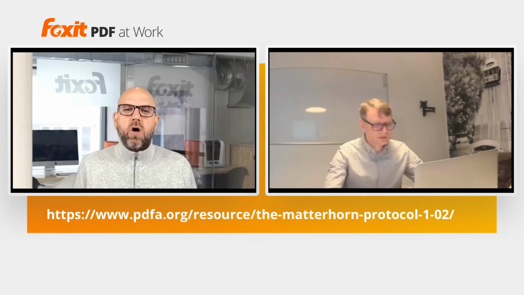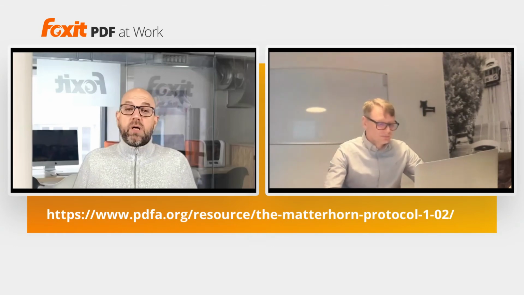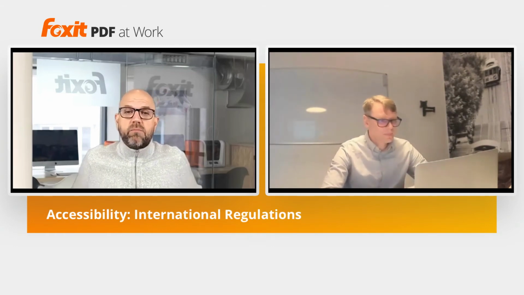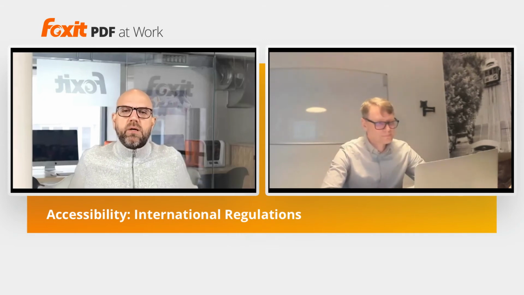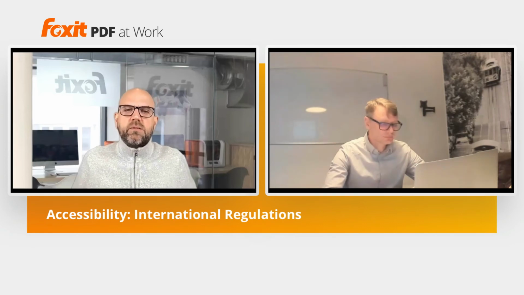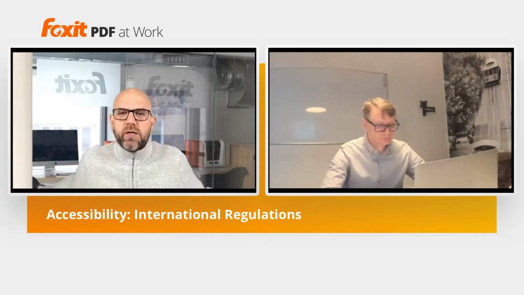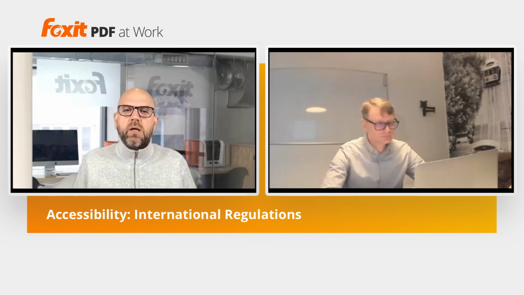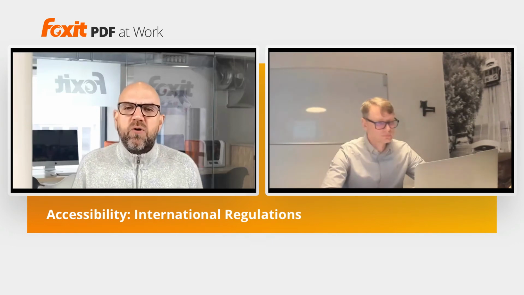It's just the law. In the European Union, it is the law, and most people don't even know that it is. If you publish documents on the internet, they have to be accessible. For instance, a bank or something like that, you got to do it, right? And in the US, same thing. And therefore, more and more organizations concern themselves with accessibility, and no wonder that the Matterhorn protocol is looked into.